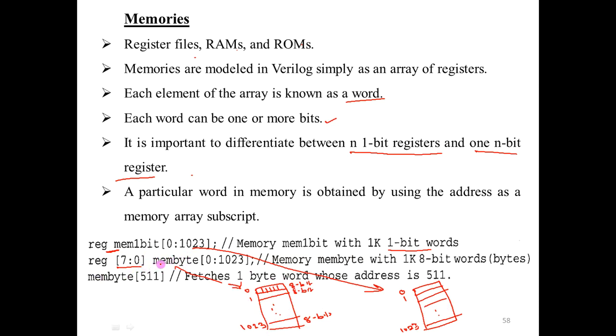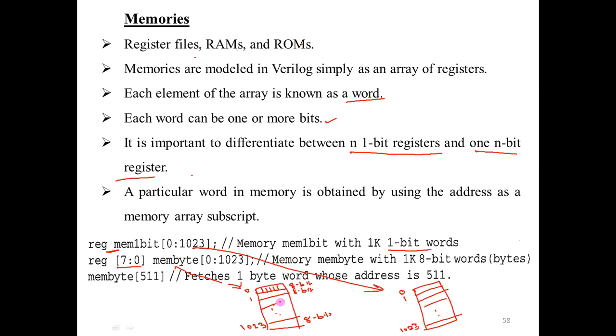Okay, so this is array element 1024 array elements or array members. Each element is of 8-bit vector. That's the meaning. Mem byte file 11 means initially it will fetch the particular location, then followed by particular bit.